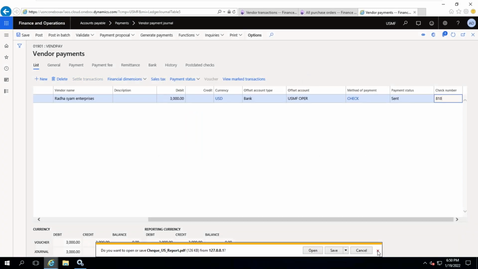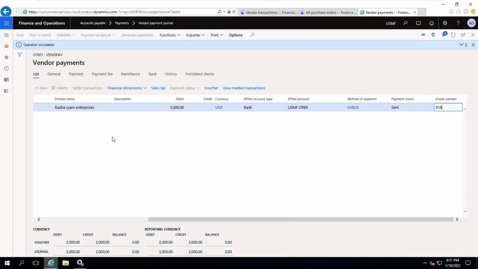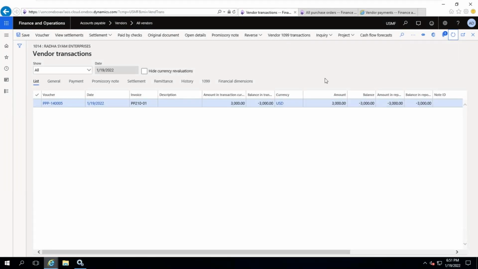So now the check number is generated. Now I'm doing post. If you verify the vendor transactions, it will show you debit and credit.